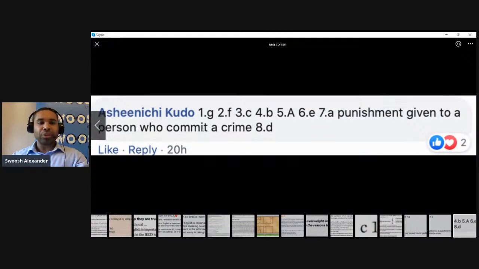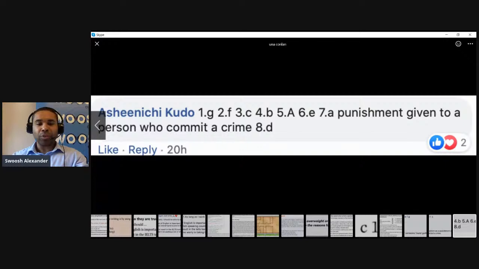And a punishment given to a person who committed, or it should be who commits a crime. Again, though, just a little bit more definition. What kind of punishment? So confinement within a restricted space, which is received as punishment for a person who committed a crime would be a good definition there.